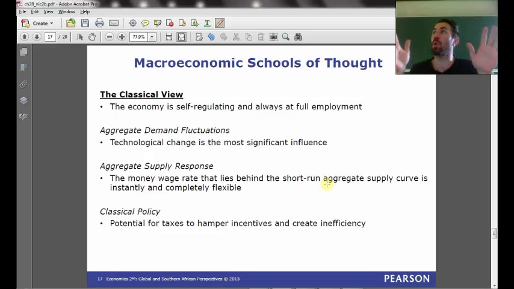Then you have something called the Neoclassical Synthesis, which is kind of like, if we take the Keynesian stuff and we mix it with some of the classical stuff and some of the monetarist stuff, we get the Neoclassical Synthesis, which is sort of the 1980s.